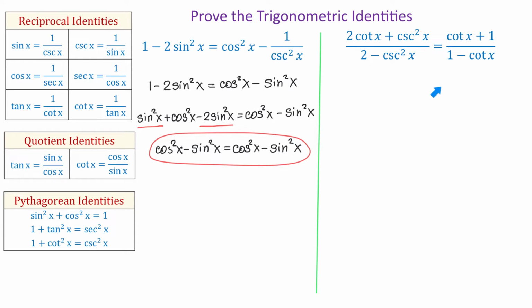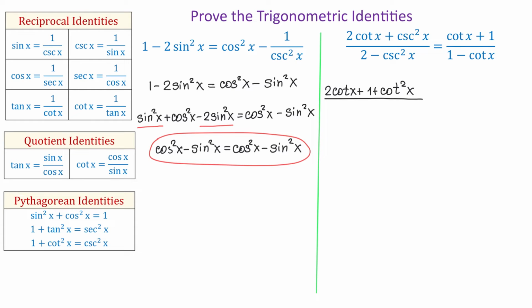Now, because on the right side I see only the cotangent function, I will use the third Pythagorean identity to replace cosecant squared of x with 1 plus cotangent squared of x. So then, on the left side, in the numerator, I will write 2 cotangent of x plus 1 plus cotangent squared of x.